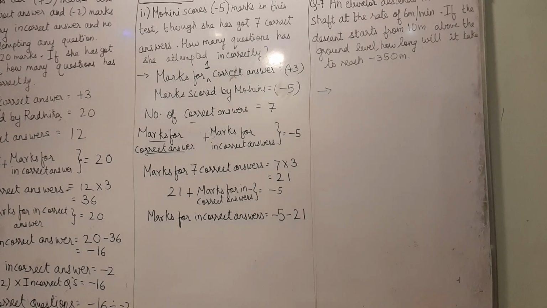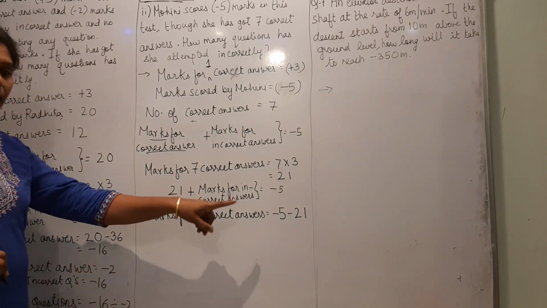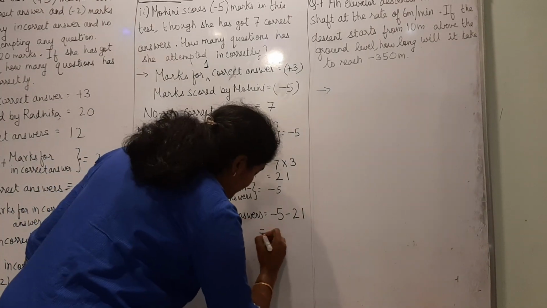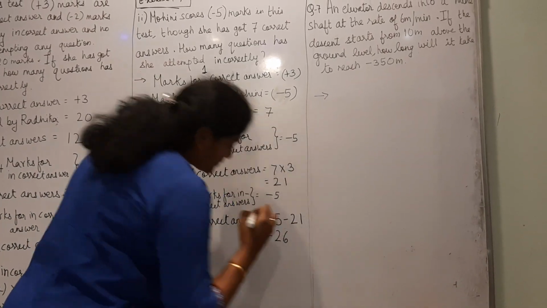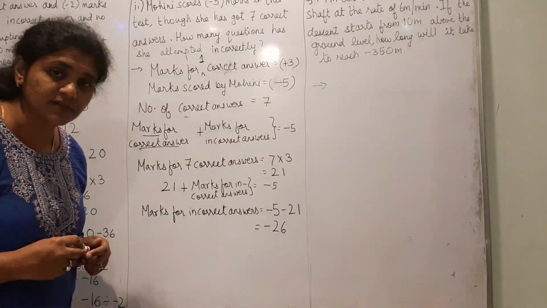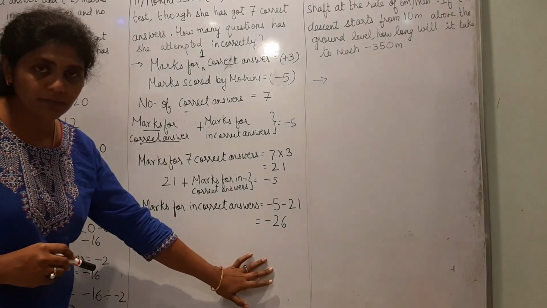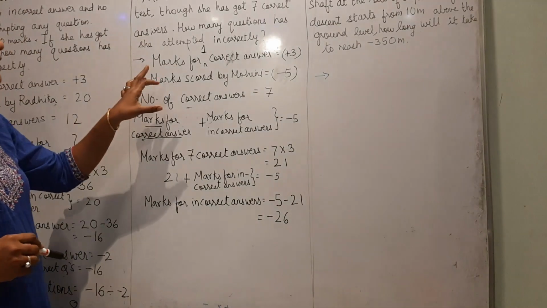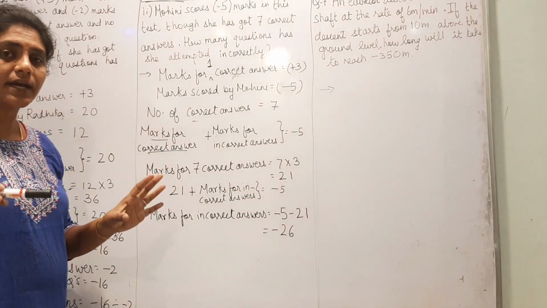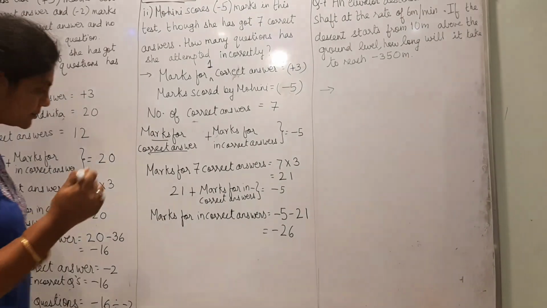If you subtract this part from the total, you will get this portion, right? This is -26. This is marks of incorrect answers. This part you got.